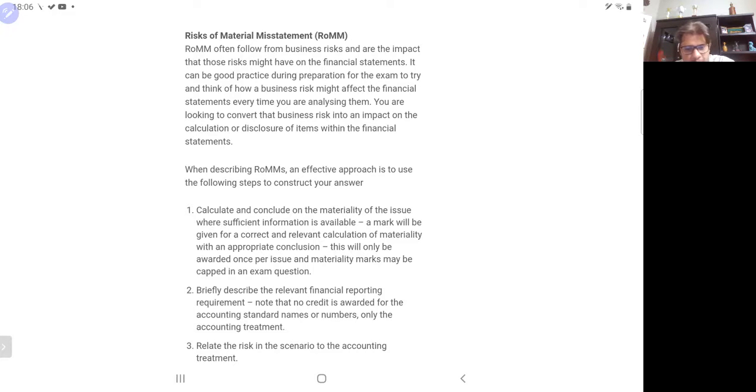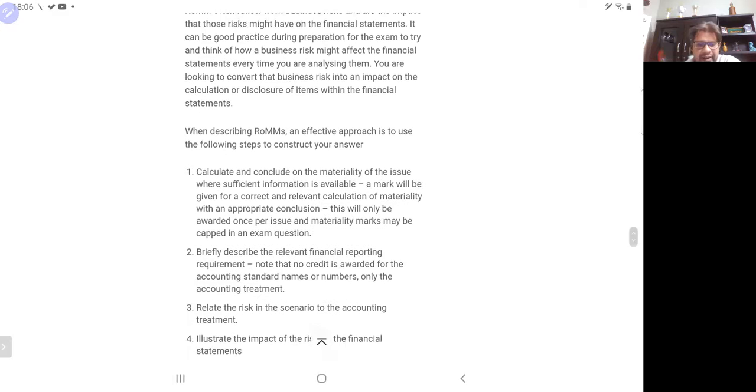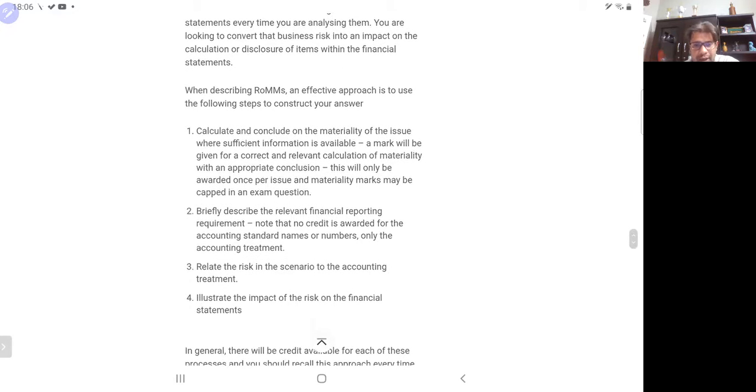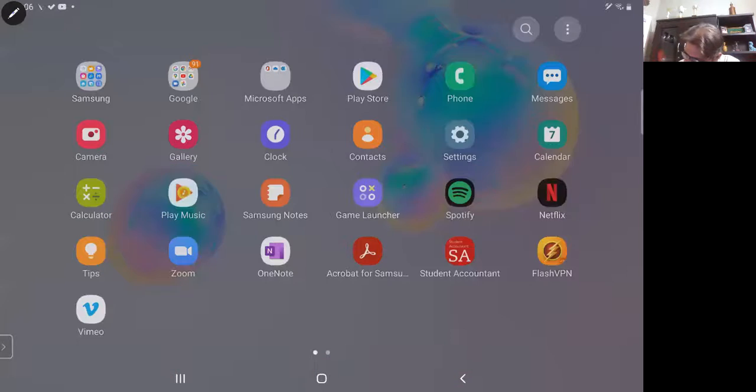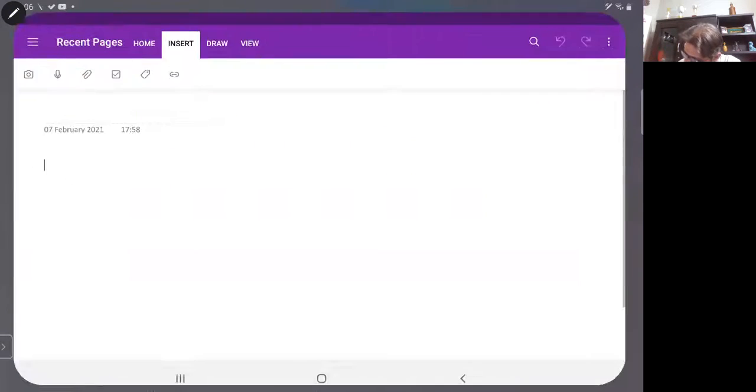No credit is awarded for accounting standard names or numbers; you won't need to tell accounting standard names or numbers, as I told you earlier as well. Then number three, relate the risk in the scenario to the accounting treatment, and then illustrate the impact of the risk on financial statements.